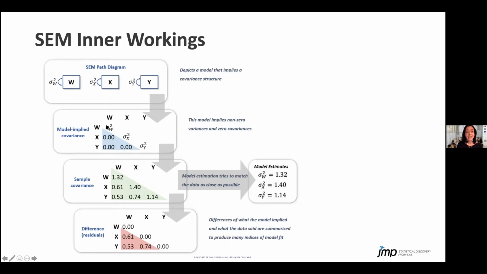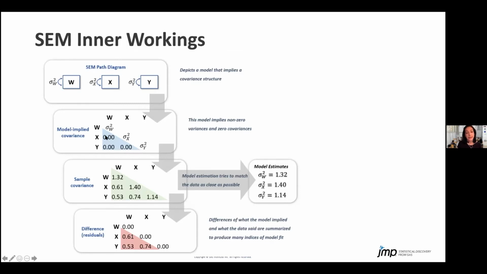Notice that the diagonal shows the variances of each of the variables, but the off diagonals are exactly 0. That's because there's nothing connecting the W to the X or the Y, right? There are no one-headed arrows or two-headed arrows.